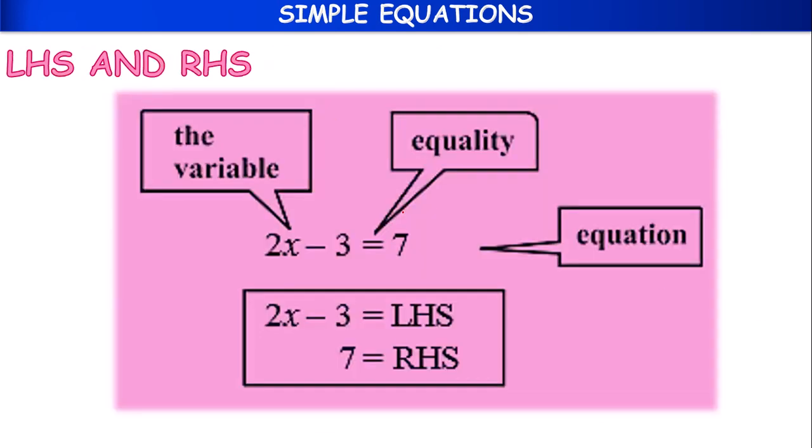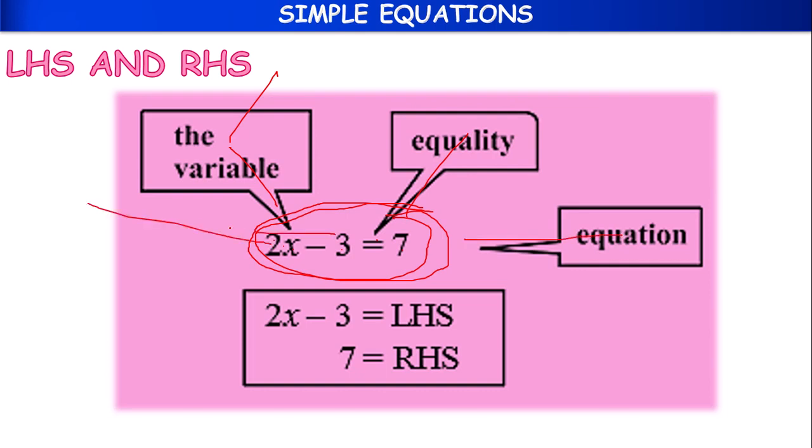Next one. If this is the equation, 2x minus 3 equal to 7, this x is called the variable, this is the equality, and this total part is considered as an equation. This 2, 3, 7 are considered as constants. 2 is also considered as the coefficient of the x term.